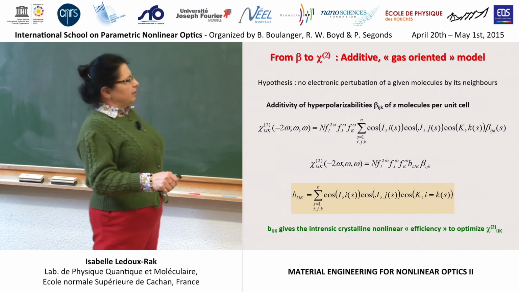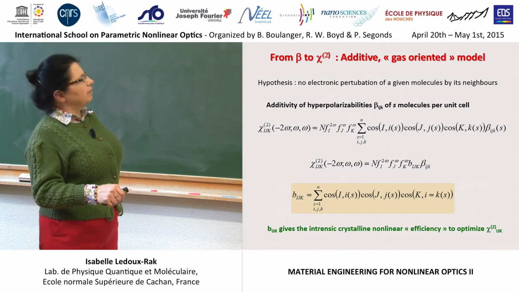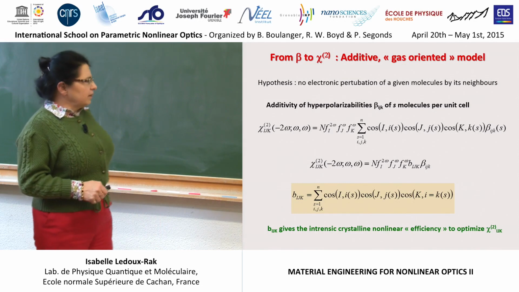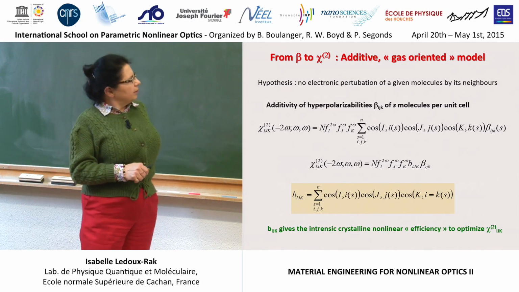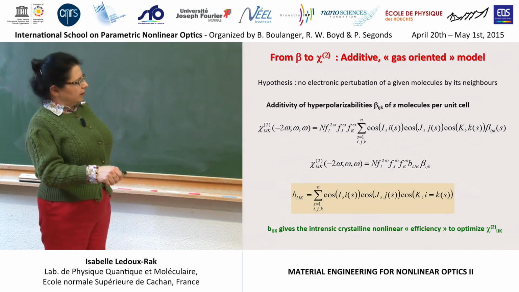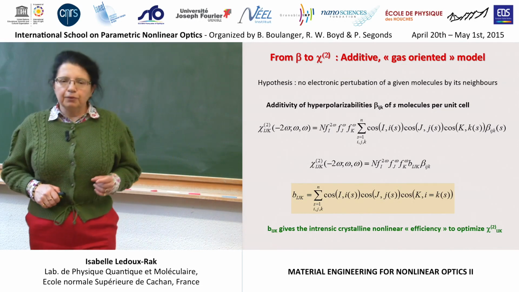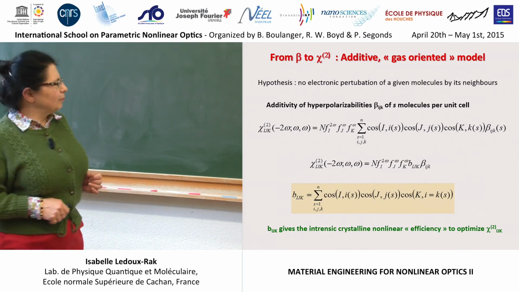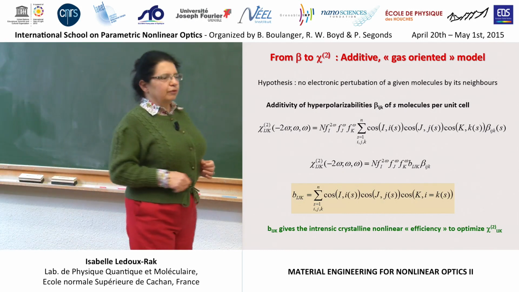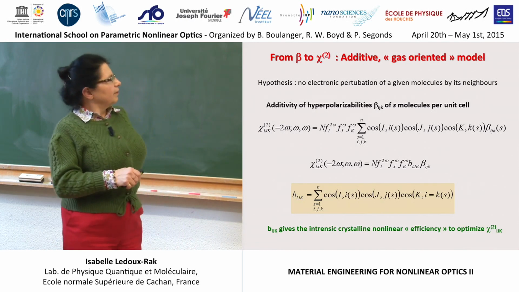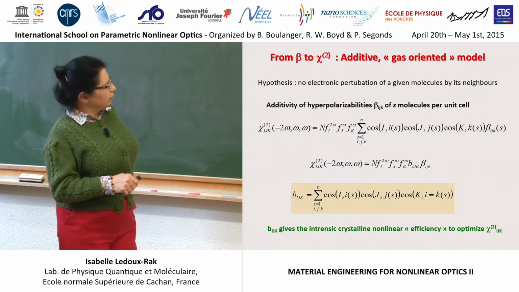So the additivity of hyperpolarizability, when considering S molecules per unit cell, can be applied to the expression of Chi2. If you have correctly listened to Benoît Boulanger's talk, he has also indicated the general rules for going from microscopic to macroscopic.